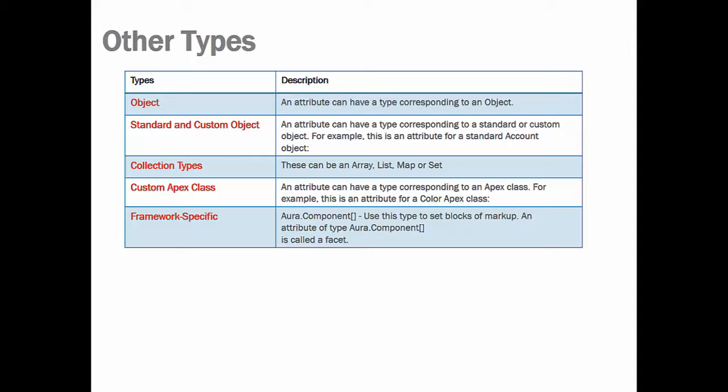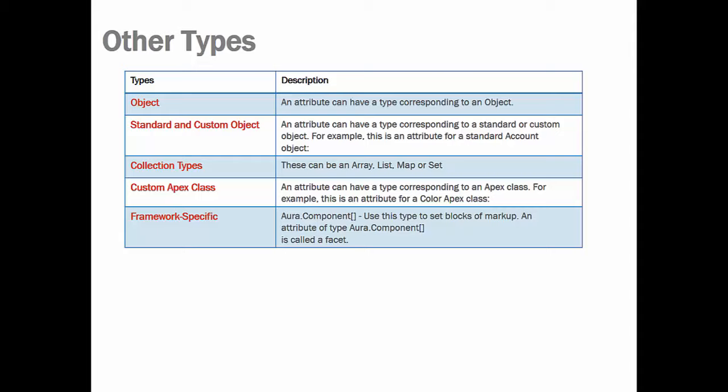All right, and we've got the third one here called collection types. And these types can be of array, list, map, or set. Now, in some of the other videos, looking at collection types, we've already been using array.